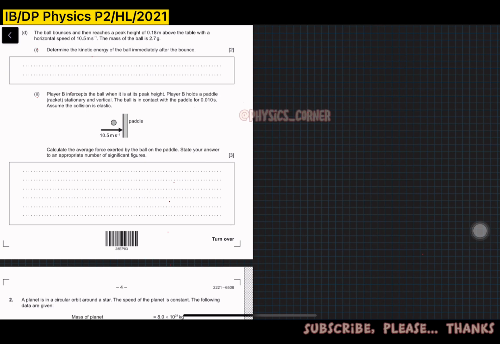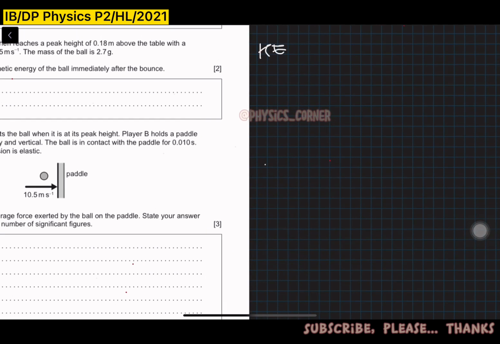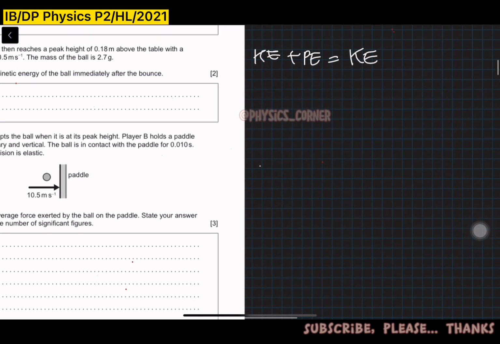So kinetic energy on the table plus potential energy on the table after bounce back. This is kinetic energy with velocity 10.5, plus potential energy at height 0.18.